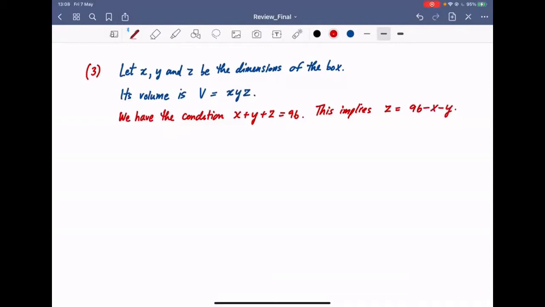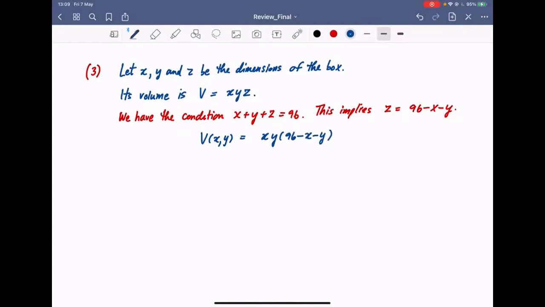Once you have z equals 96 minus x minus y, that means V is a function of x and y. This is going to be x times y times (96 minus x minus y). This is a function of 2 variables now. This is the first step that you should do.